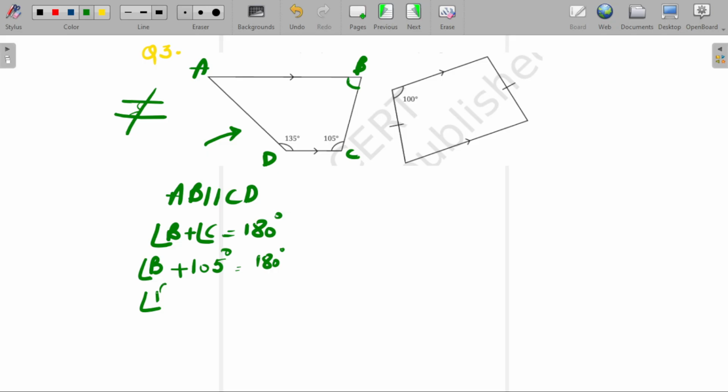So angle B is equals to 75 degree. Similarly you can find angle A. For this, angle A plus angle D is equals to 180 degree. Angle D will be 180 degree minus 135 degree, which is leading us to 45.